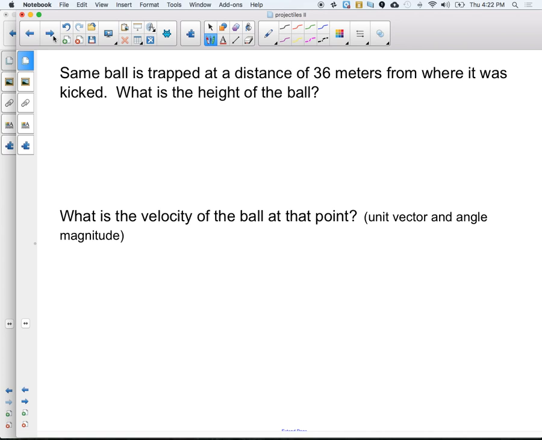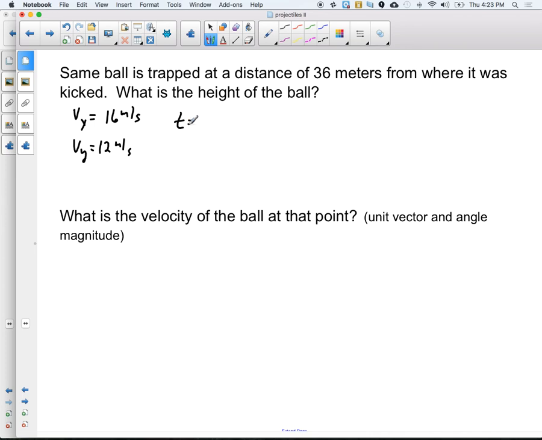The other interesting case is the same ball is kicked and is trapped at a distance of 36 meters from where it was initially kicked. What's the height of the ball? If you remember from the last slide, Vx is equal to 16 meters per second and Vy is 12 meters per second.